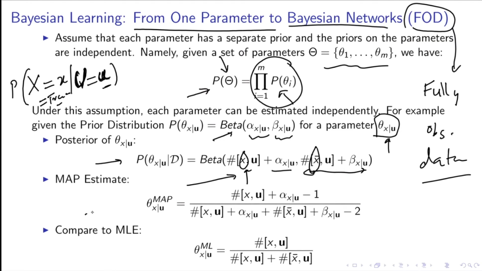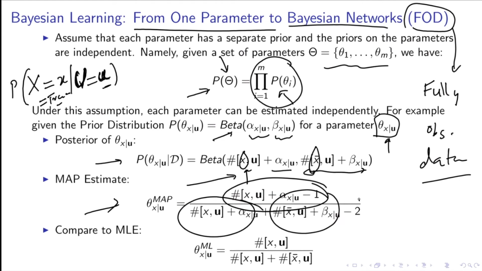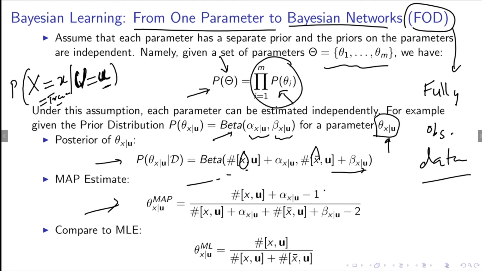From this posterior, we can easily compute its MAP estimate. The MAP estimate is the alpha parameter of the beta minus 1, divided by the alpha parameter of the beta plus the beta parameter of the beta minus 2. Compare the MAP estimate to the MLE case.